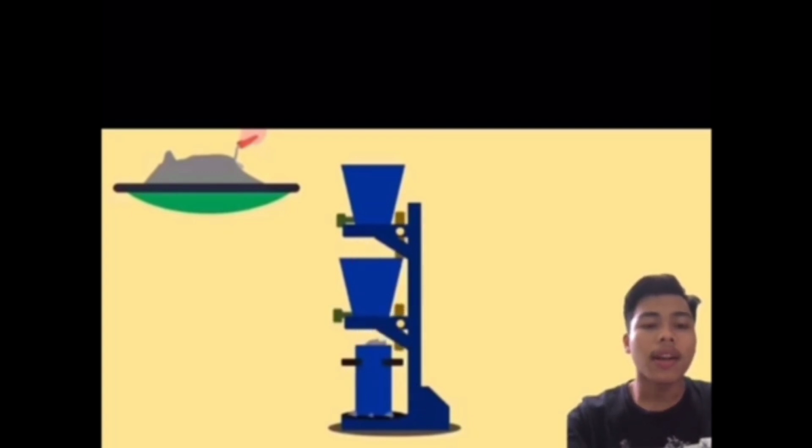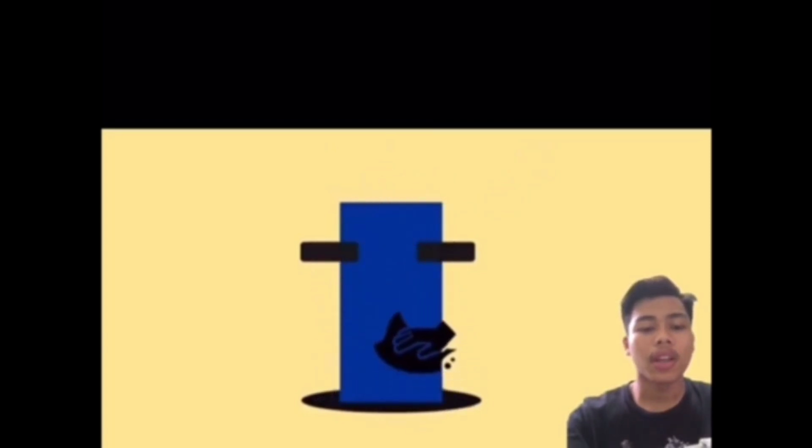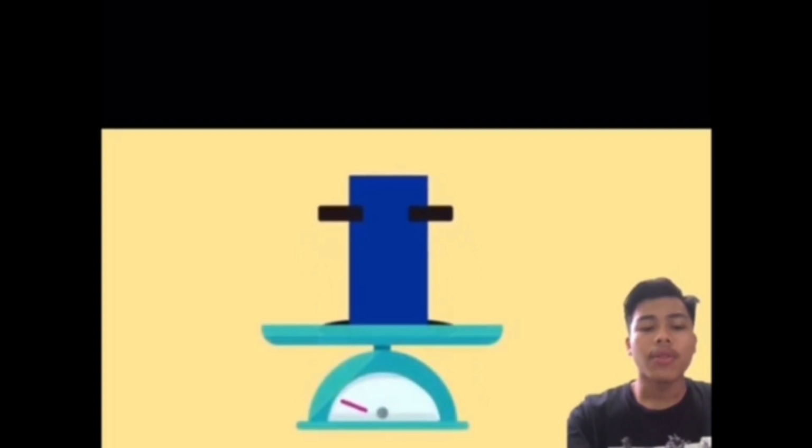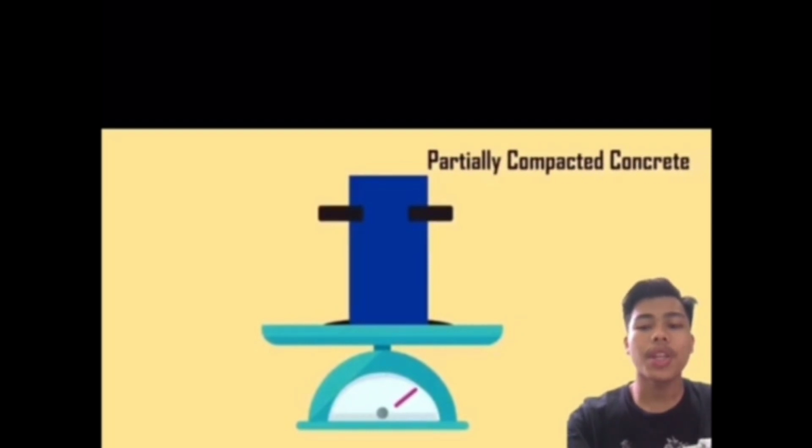Then the trap door of the lower hopper is opened and the concrete is allowed to fall into the cylinder. The excess concrete in the cylinder is levelled. The outside of the cylinder is wiped clean. Now, the cylinder filled with concrete is weighed. This weight is known as the weight of partially compacted concrete.